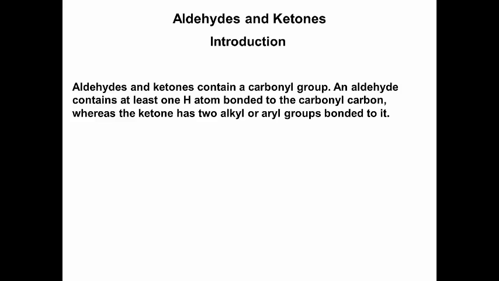Aldehydes and ketones contain a carbonyl group. An aldehyde contains at least one hydrogen atom bonded to the carbonyl carbon, whereas the ketone has two alkyl or aryl groups bonded to it.